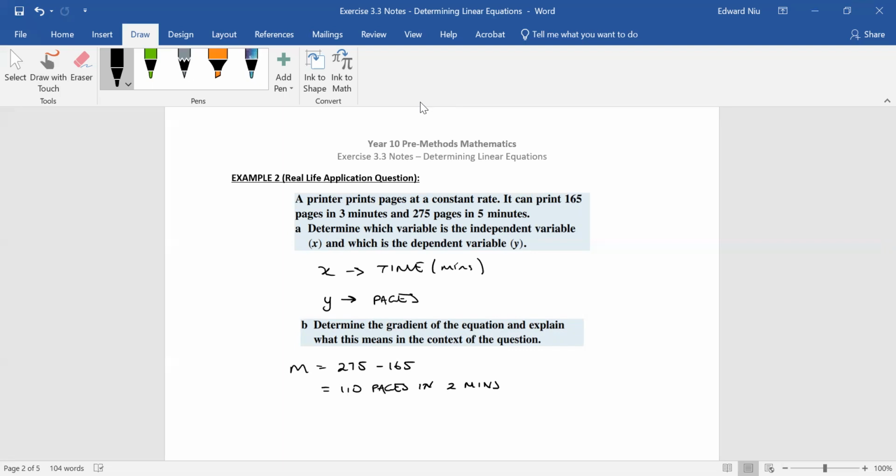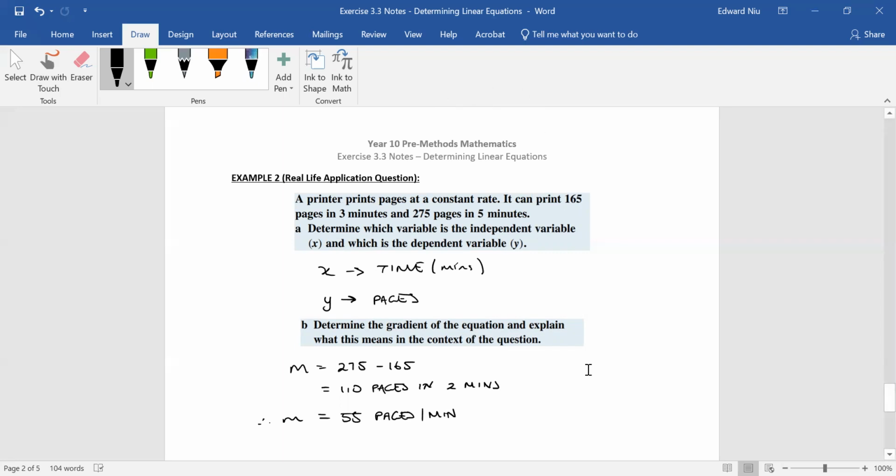So therefore, per minute, we know that there's going to be 55 pages printed per minute, because our gradient is the rate of change per minute.